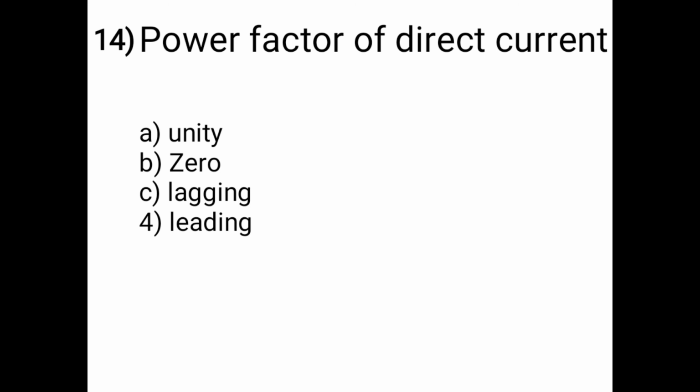A is unity, B is 0, C is lagging and D is leading. So the correct answer is option A, that is power factor of direct current is unity. When asked the frequency of direct current, our answer is 0, and when asked power factor of direct current, our answer is unity.